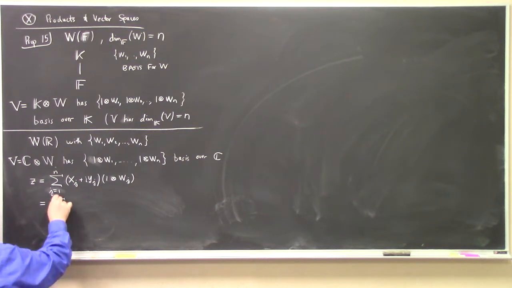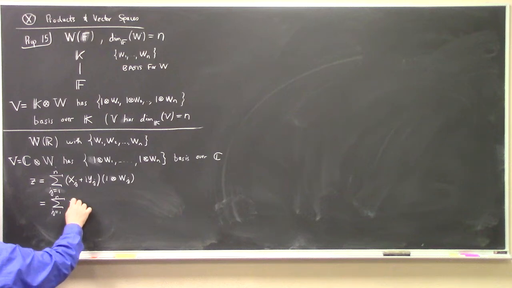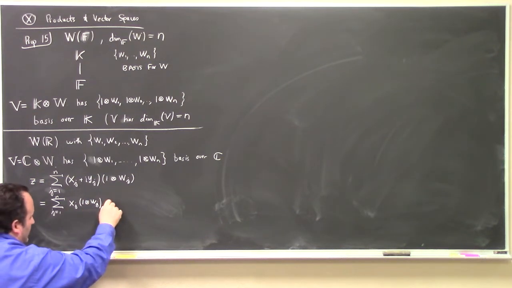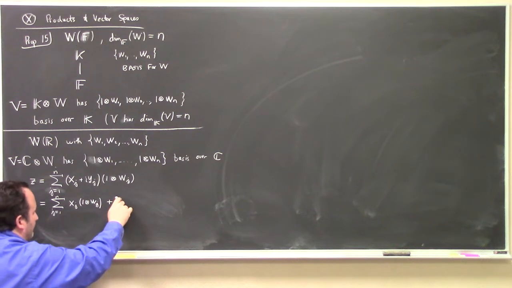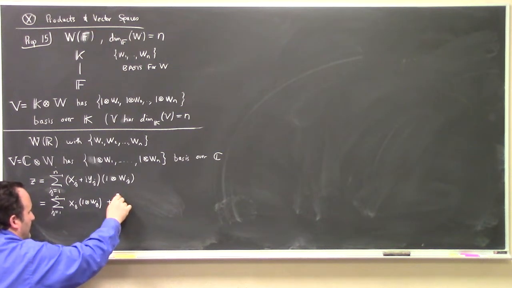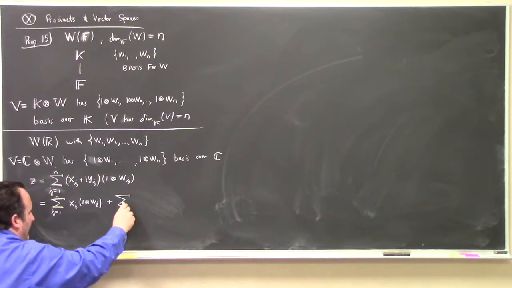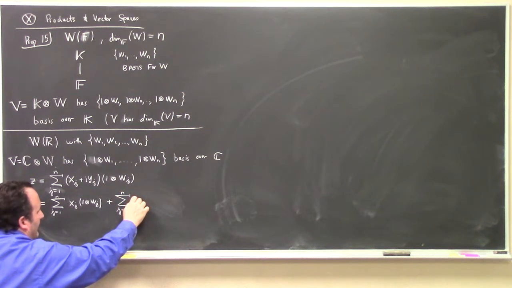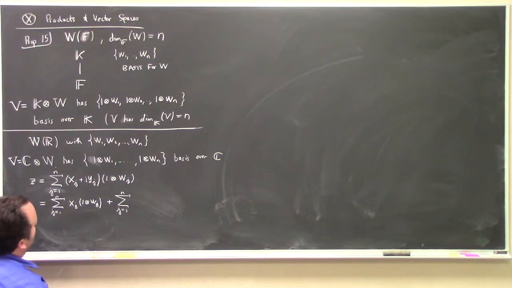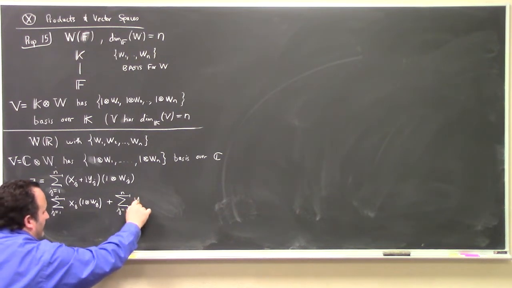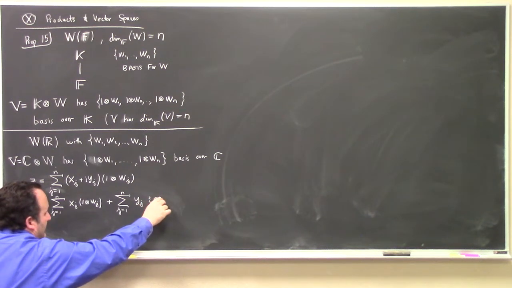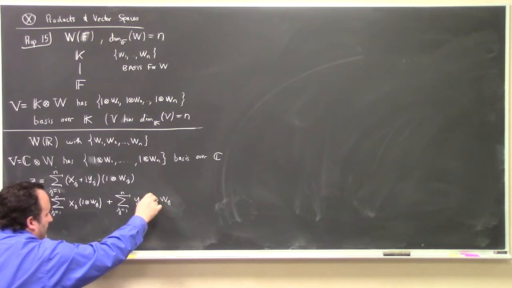It's the sum, j equals 1 to n, of x_j times 1 tensor w_j, plus the sum, j equals 1 to n, of y_j times i tensor w_j. I'm not sure where I want to put the i. I'll do it this way.